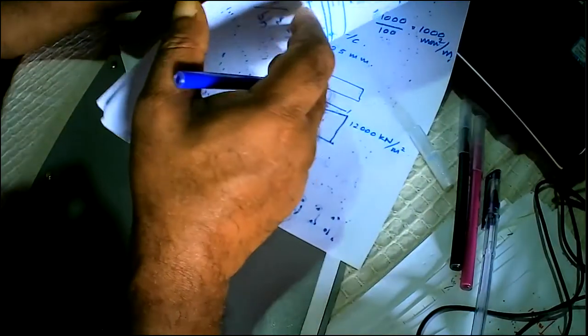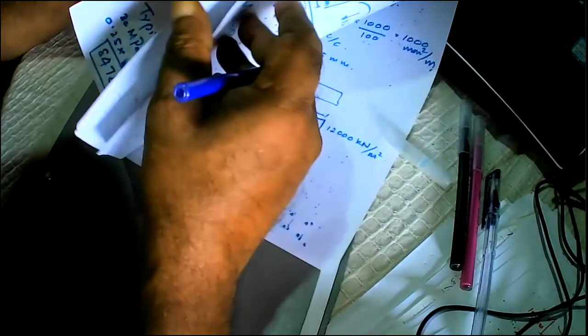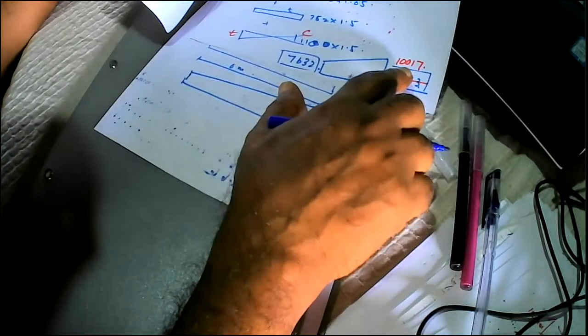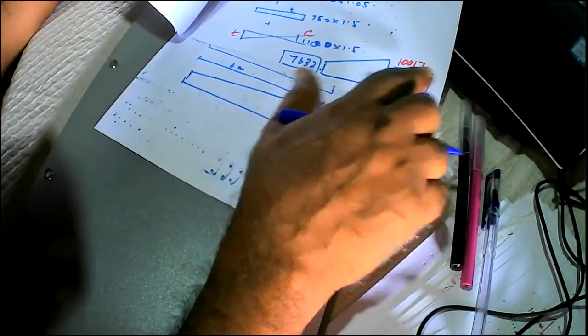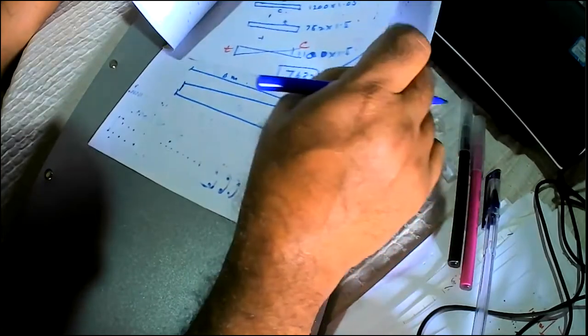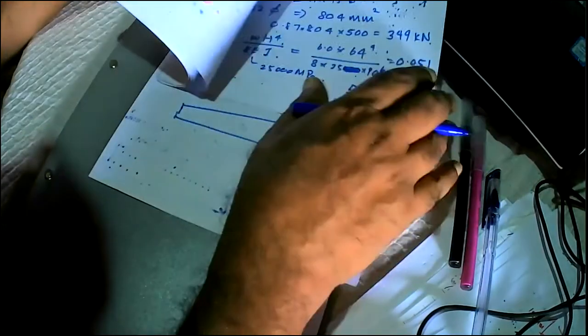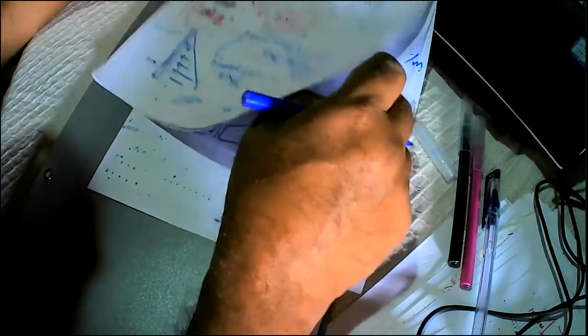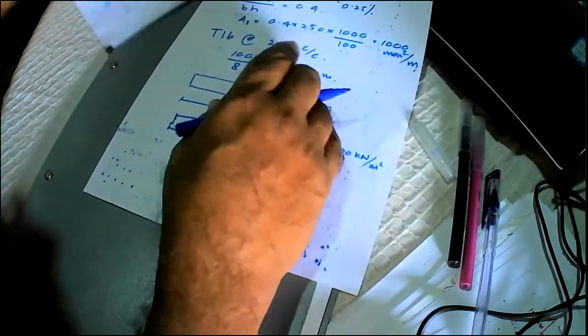And you can see it's a reasonable value, because when we did the calculation last time, we have found that some of the stresses can be 10,000 and so on. So if we consider a stress of 12,000, it would be a reasonable value. Is that clear?